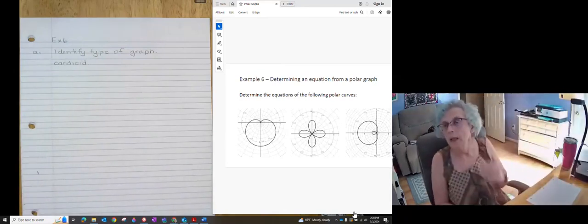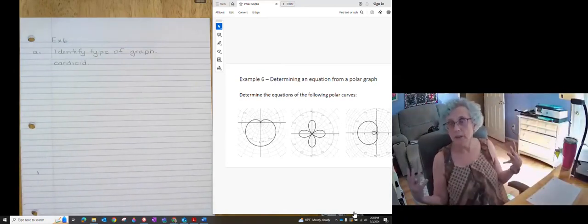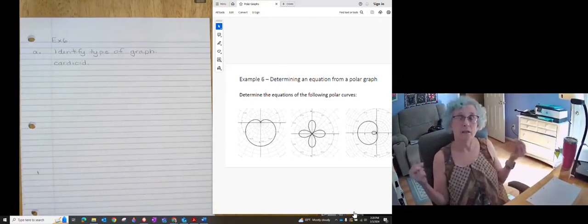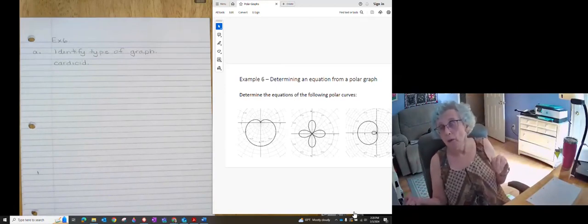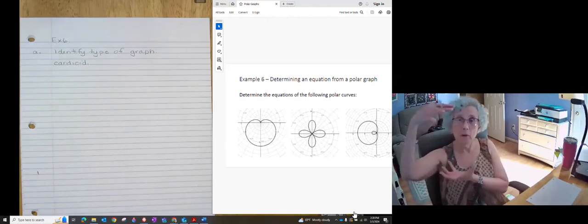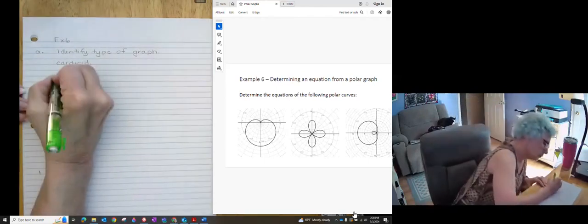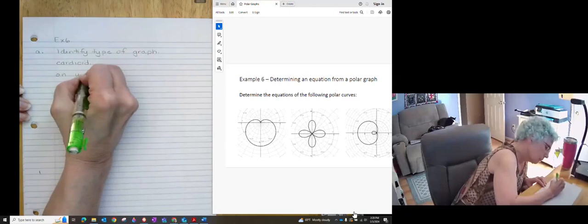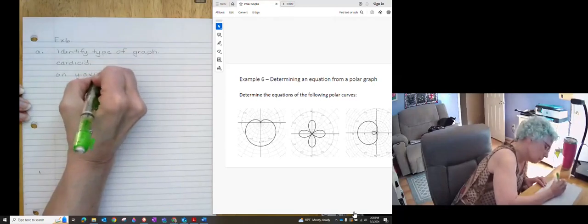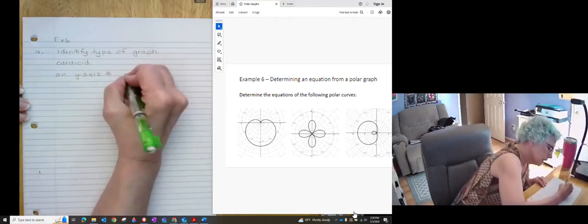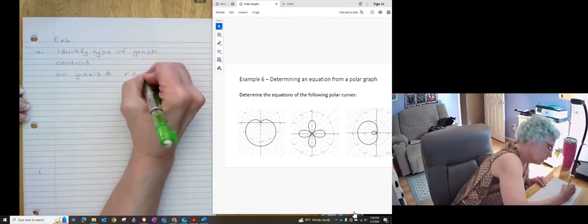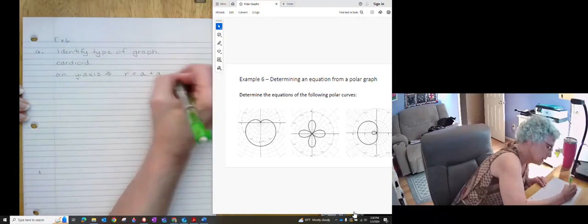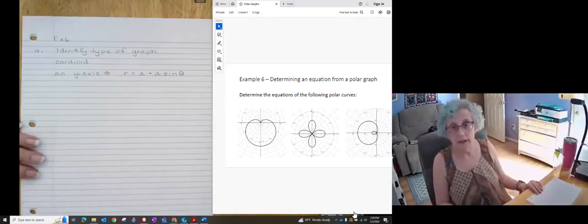Okay. Then, now I know it's a cardioid. Does it have sine or cosine in it? Well, it lives with most of it on the y-axis. Which implies it's of the form r equals a plus or minus a sine theta.